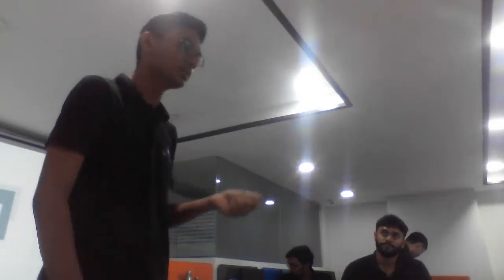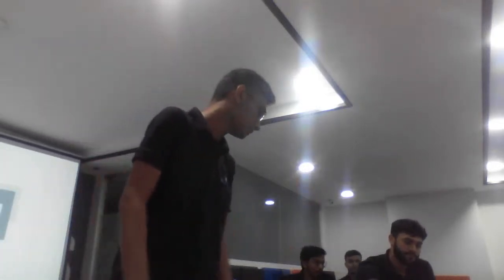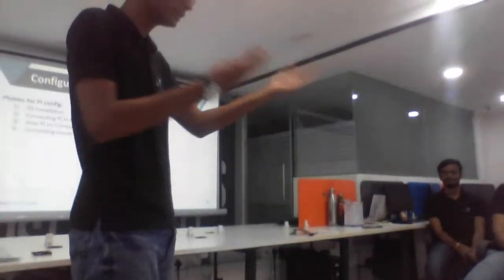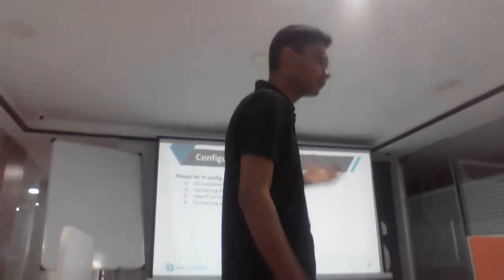In this configuration, we will need a few hardware components, including a Raspberry Pi, a few jump cables, a sensor, which we will be using as a temperature sensor, and a power cable. Right. So we have divided this whole process into 4 steps. First is OS installation, then we will connect the Pi to the internet. Then we will see how the Pi is working on our system, right? And the last thing is connecting the sensor to record the data.